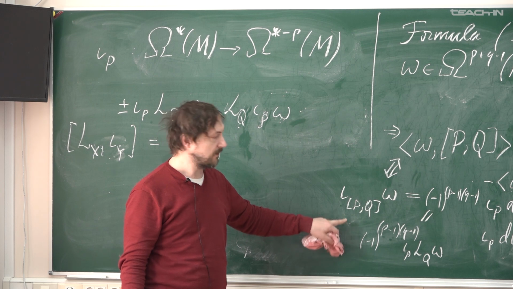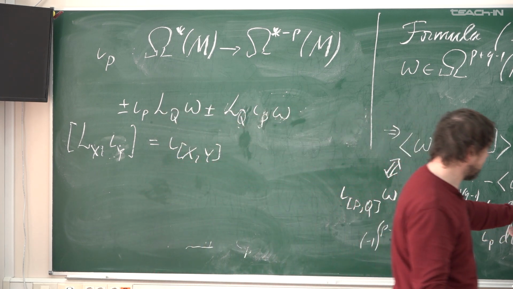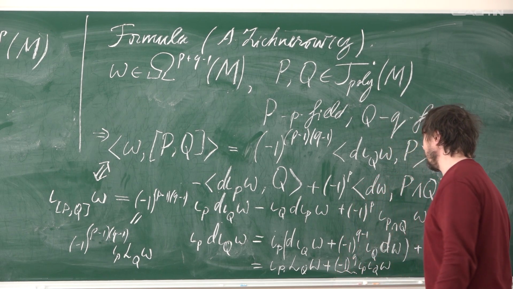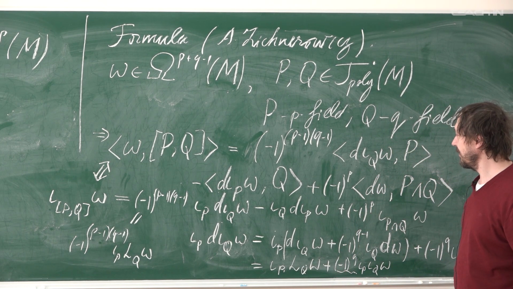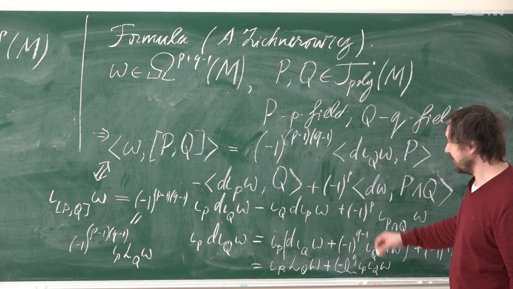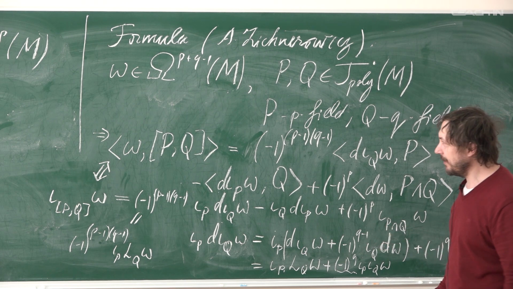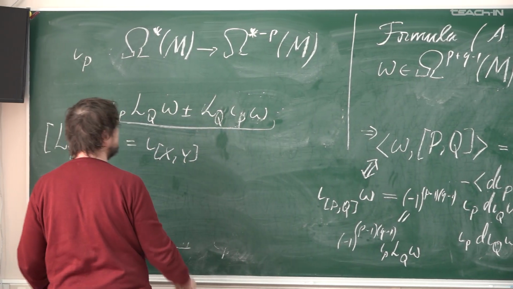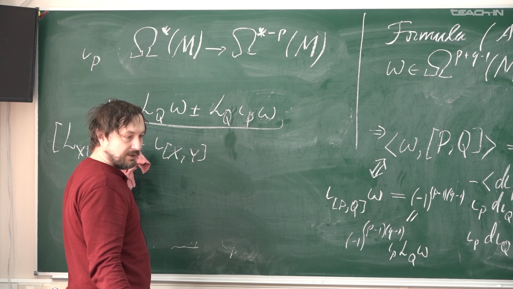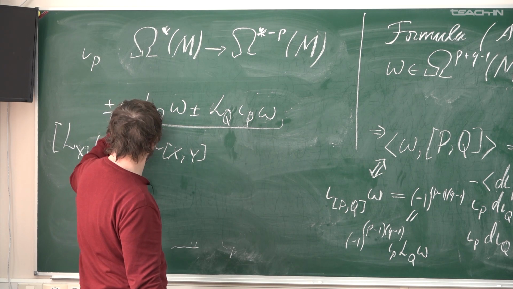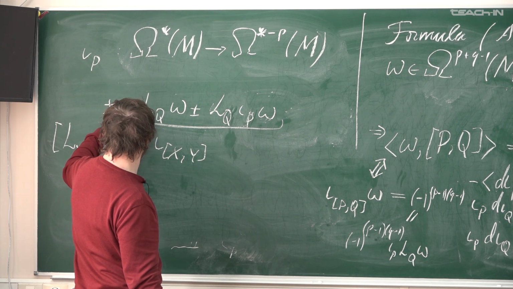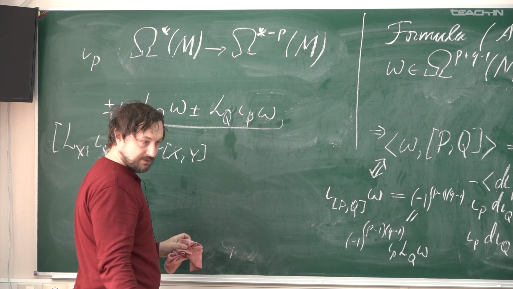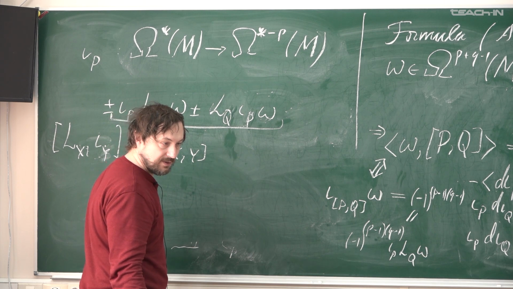So you just rewrite the right-hand side, with proper signs of course, in terms of contractions and the derivatives with respect to polyvector fields. And then you use this kind of formula, which you can actually prove using this formula and also the decomposition of P and Q in terms of vector fields. So that's very easy, in fact.